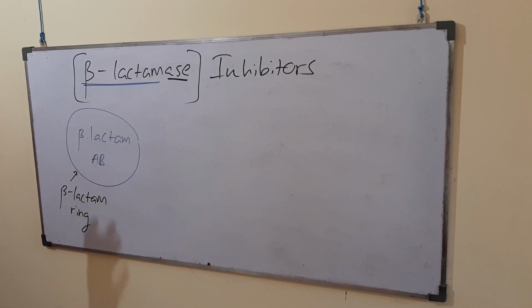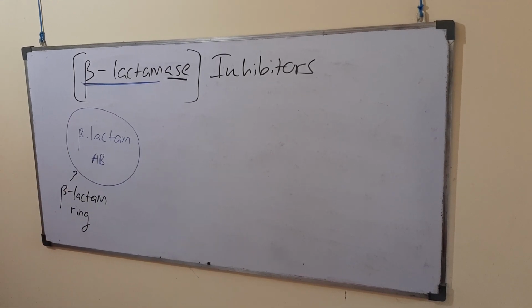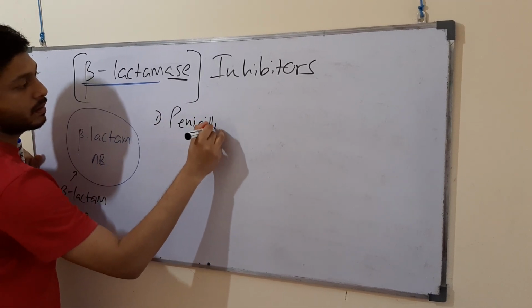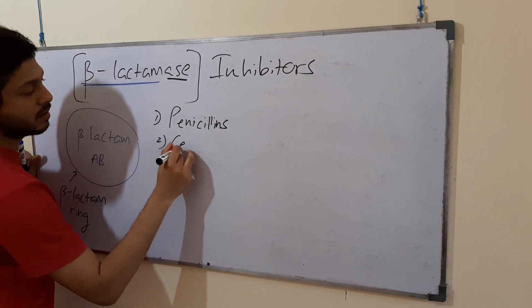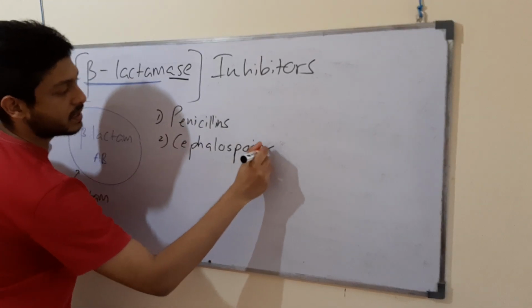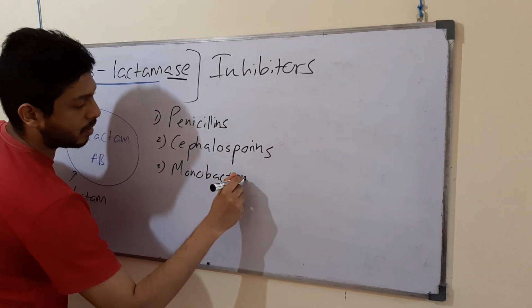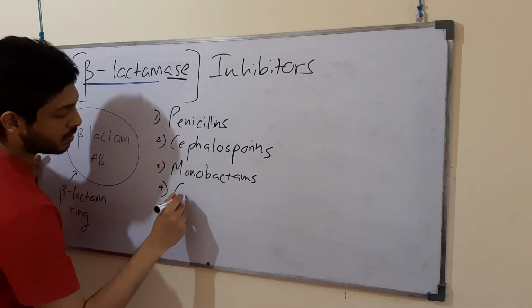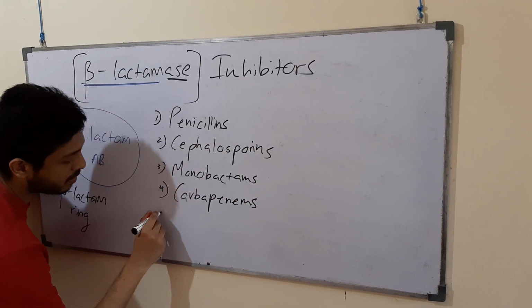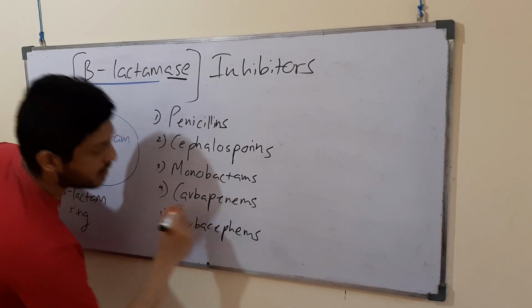So there are certain categories of antibiotics which fall under the name beta lactam antibiotics. Roughly speaking, for example, penicillins, cephalosporins, monobactams, carbapenems, and carbacephems.